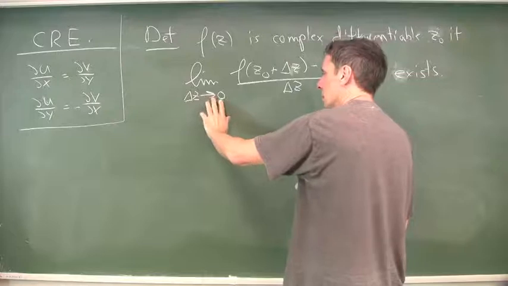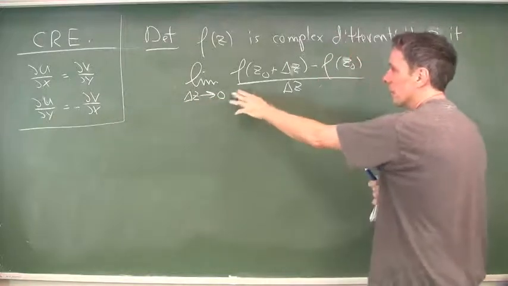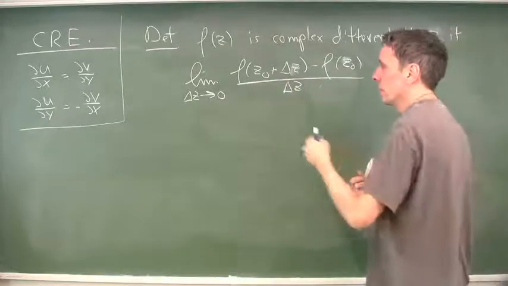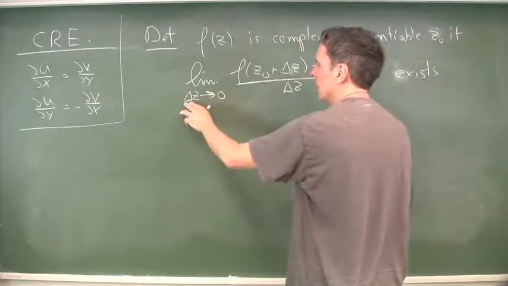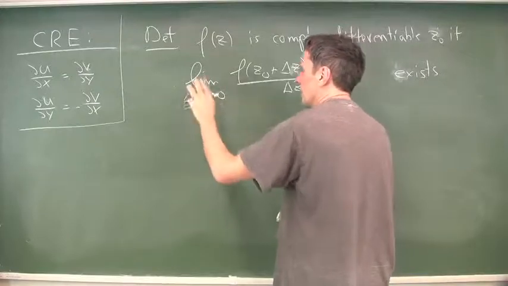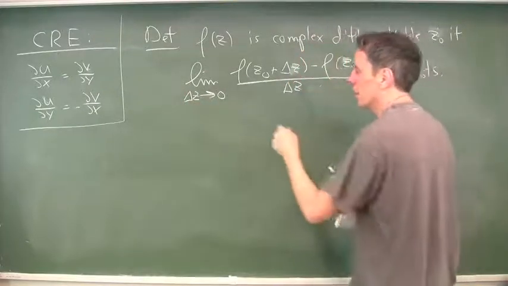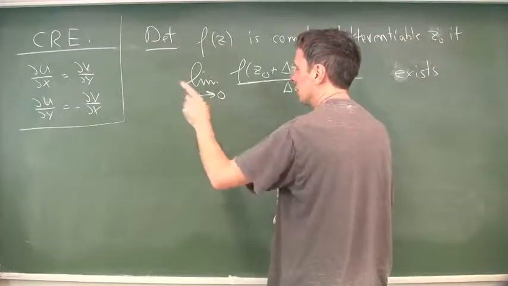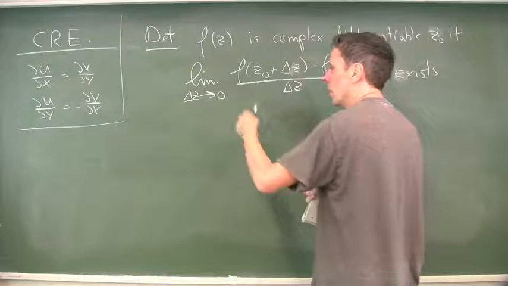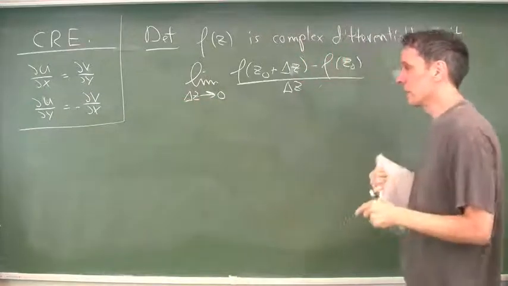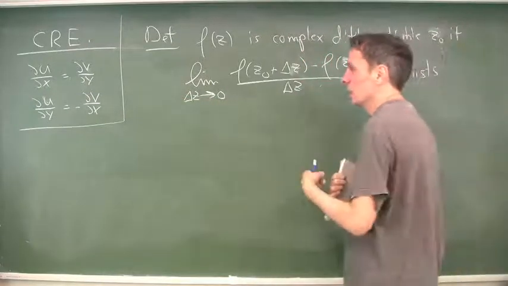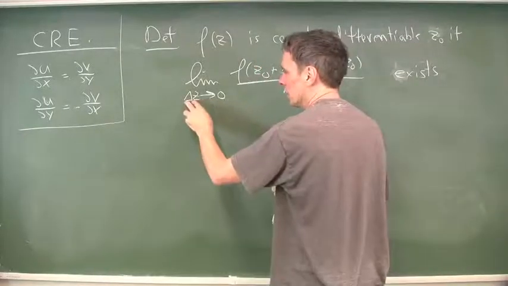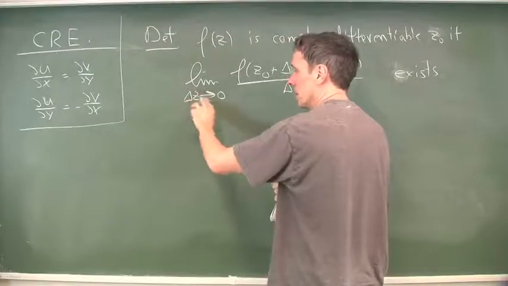But one should observe that this is really a much stronger condition on the function, because what we have here is really a two-dimensional limit. So this increment in z could turn to 0 along all possible directions in the complex plane, not just in real directions. It will not just be a real number, but a complex number.